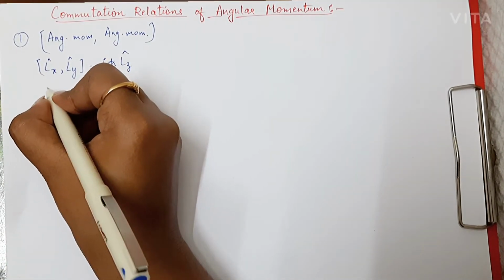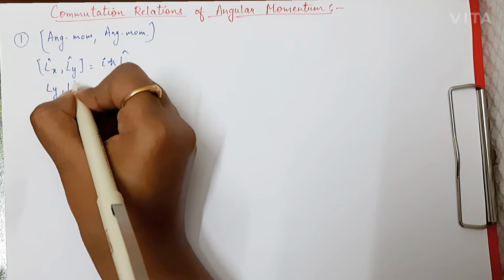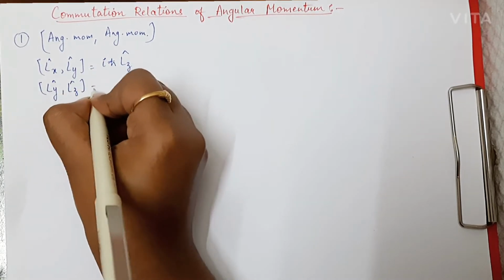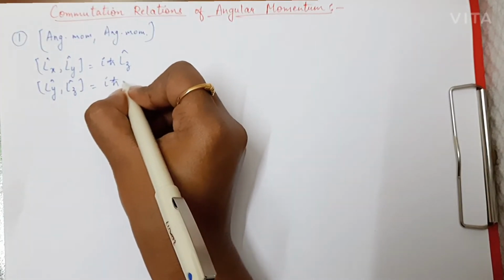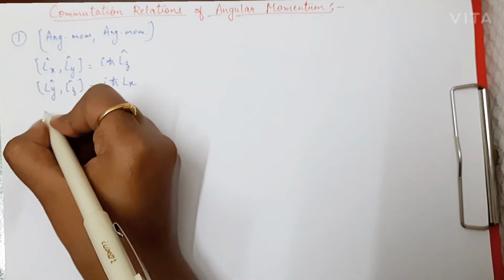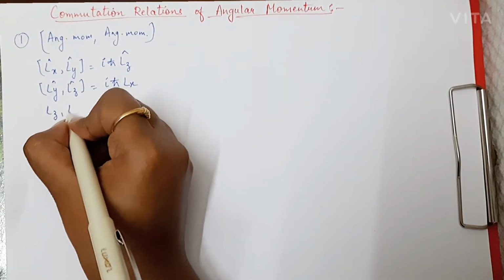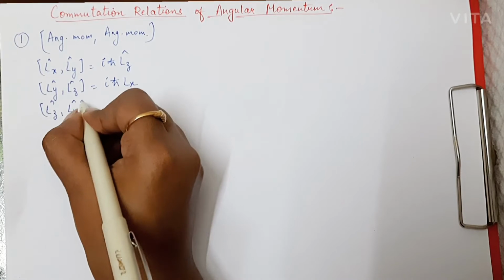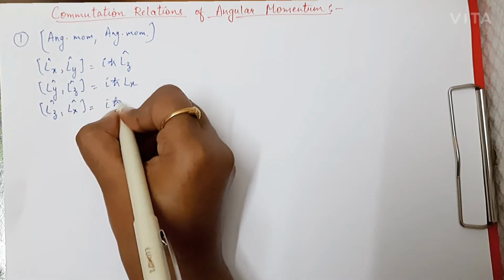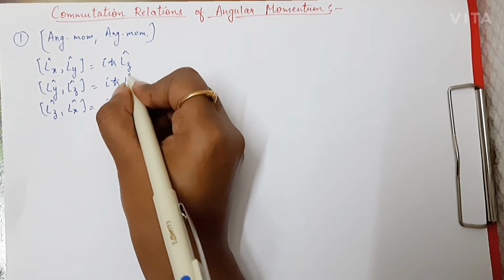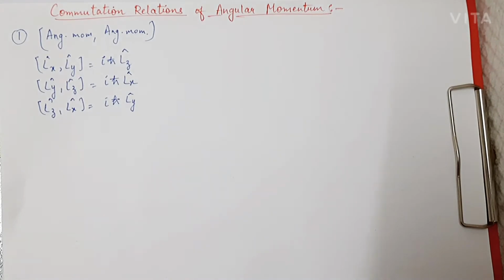Similarly, if we solve the Ly Lz commutation, you will get iota h cross Lx. If you solve Lz Lx, you will get iota h cross Ly. These are the generalized relations.